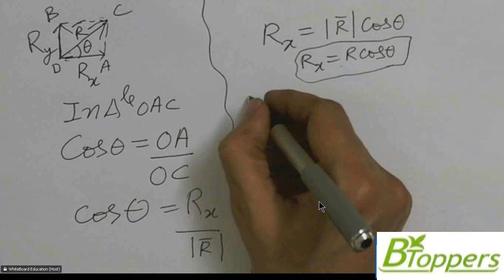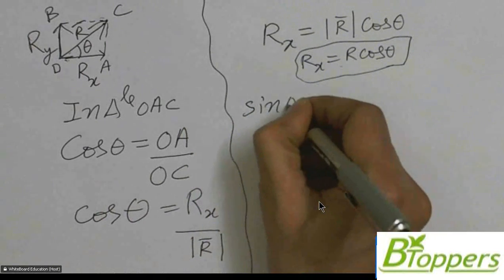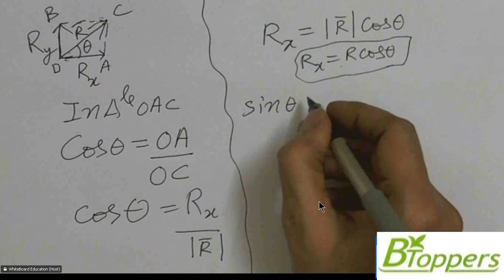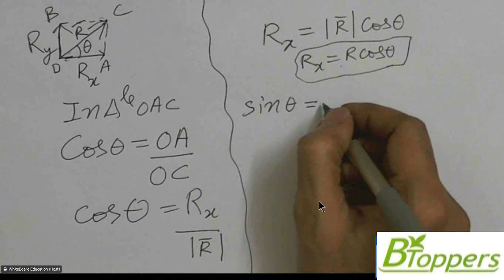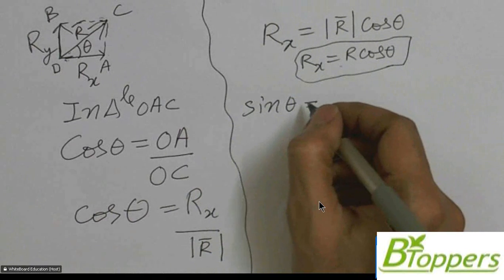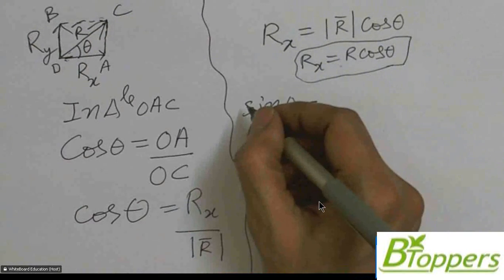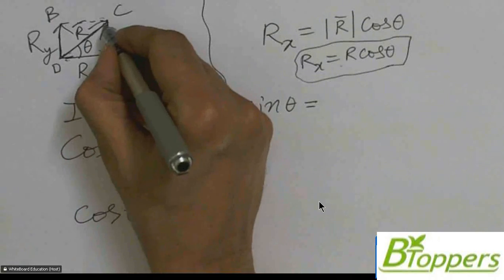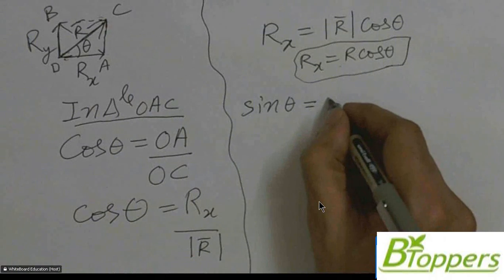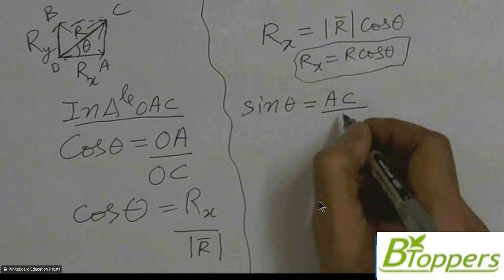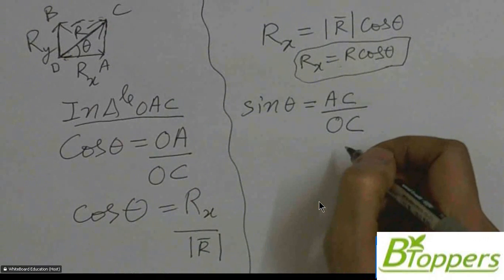In the same triangle OAC, we can write sin theta equal to the length of the side opposite to the angle theta divided by the length of the hypotenuse side. So here AC is the side opposite to the angle theta, OC is the hypotenuse side. Again in the same triangle OAC, sin theta is the length of the line AC divided by the length of the line OC.